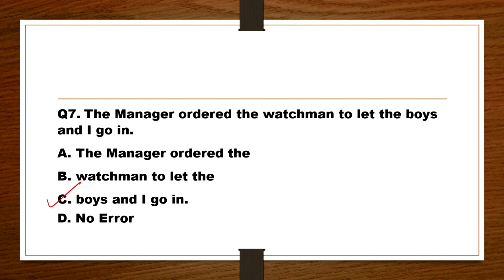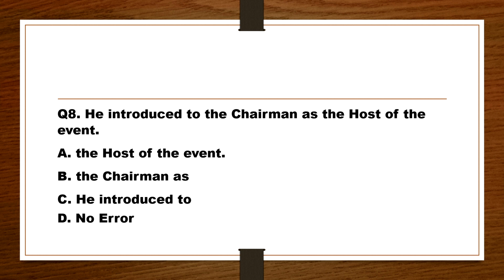Now, here instead of I, me should be used because after the word let, pronouns are always used in the objective case, and the objective case of the first person is me. Hence, the correct statement would be: the manager ordered the watchman to let the boys and me go in. Now, moving on, solve this one.